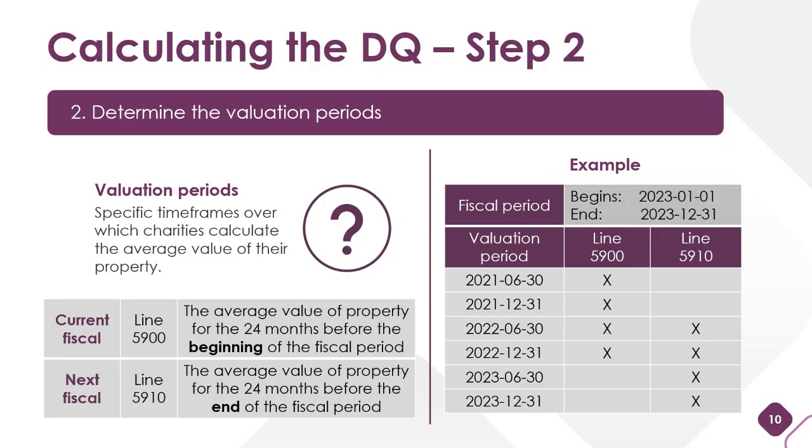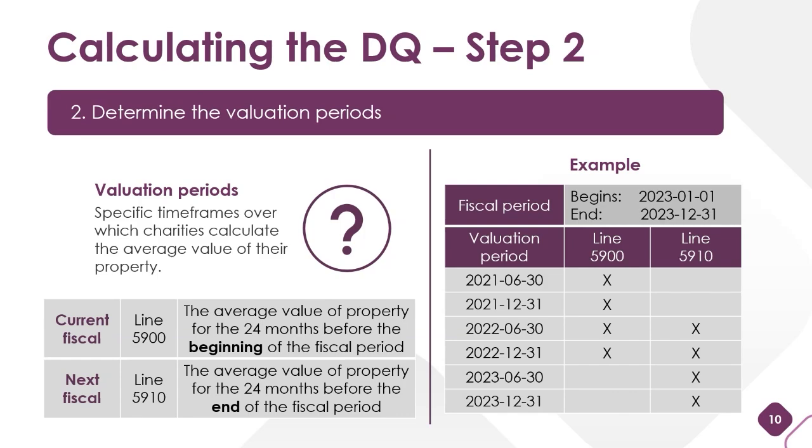So if we want to calculate the average value of the property for the current fiscal, for line 5900, we need to use the 4 valuation periods before the beginning of the fiscal period, before January 1st, 2023: June 2021, December 2021, June 2022, and December 2022.